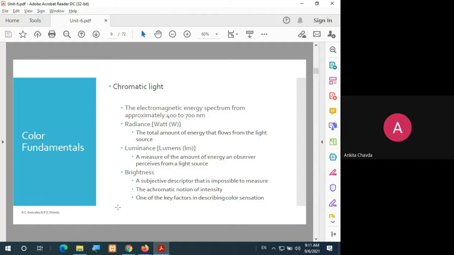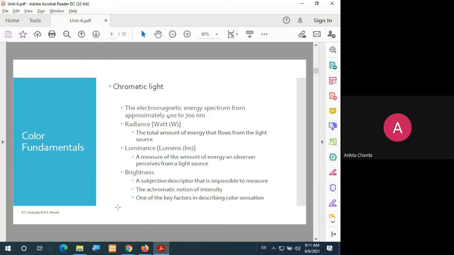But what is brightness? Brightness is a subjective descriptor that is impossible to measure. It is the achromatic notion of intensity, one of the key factors in describing the color sensation. Usually we say that you bought a very bright color shirt, bright color this, bright color that. So what is bright? That is subjective. You are feeling that that color is bright; I'm not feeling that it's bright. That is what we use in the color sensation.